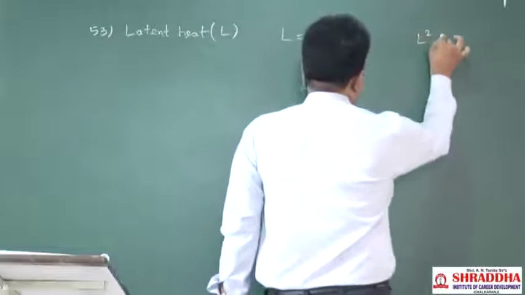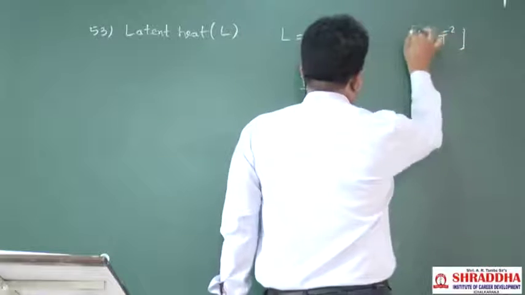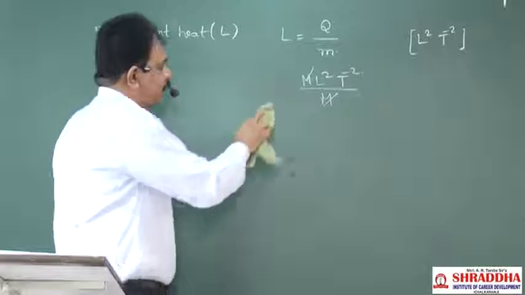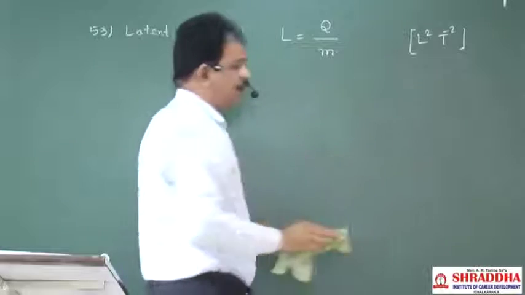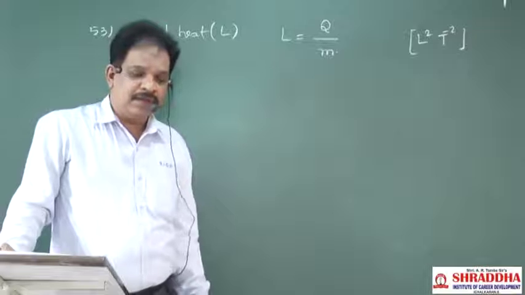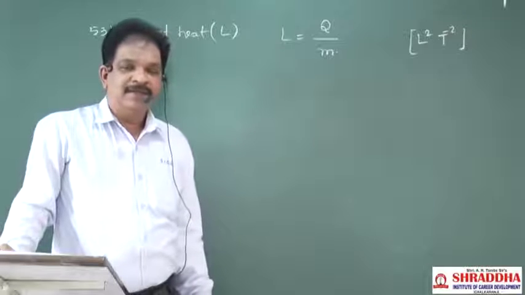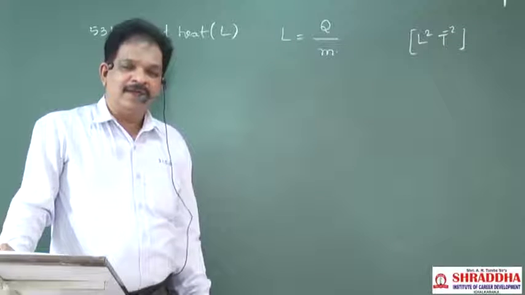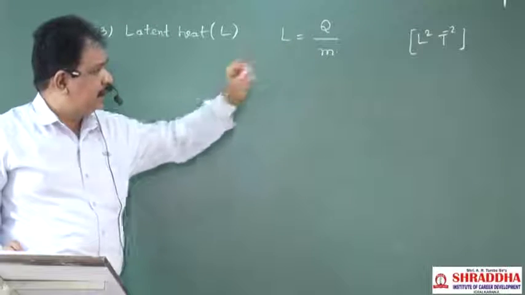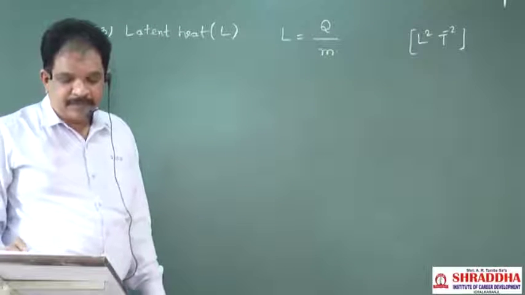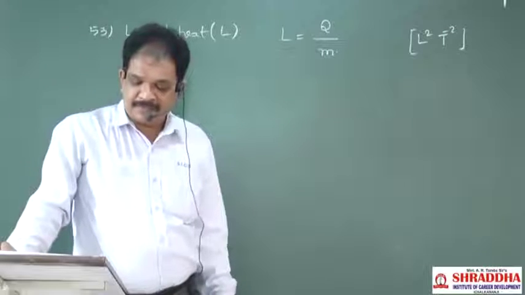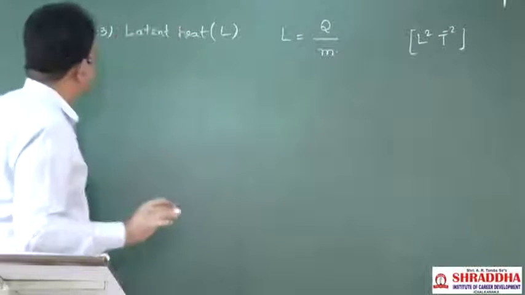So this is L square T power minus 2. Tell me any quantity having the dimensional formula L square T power minus 2. Check. Gravitational potential, you remember? So that will be L square T power minus 2. So this is also L square T power minus 2. Okay? Next.